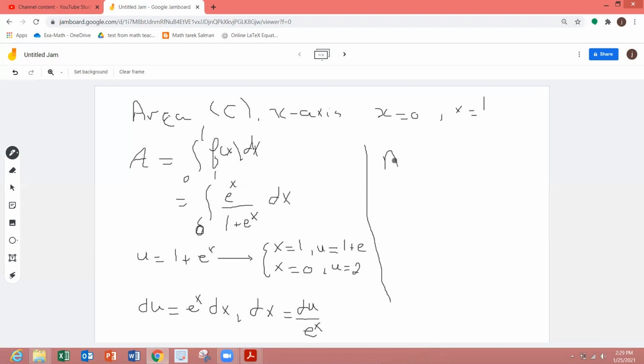Then the area equals the integral from 2 to 1 plus e of e to the x over u times dx, which is du over e to the x.